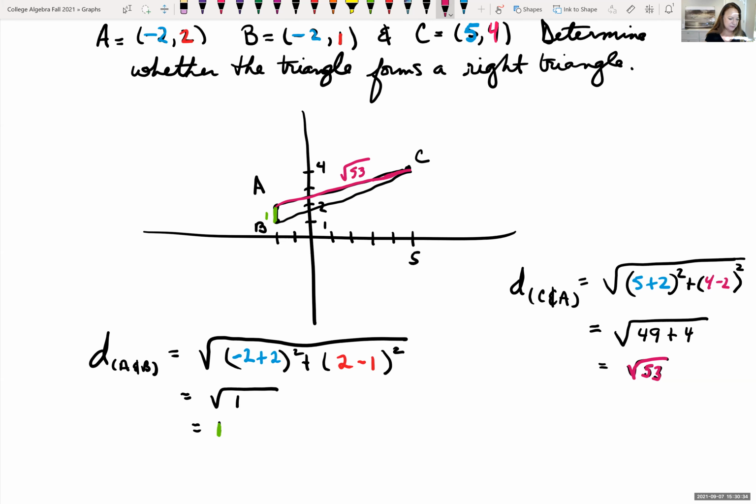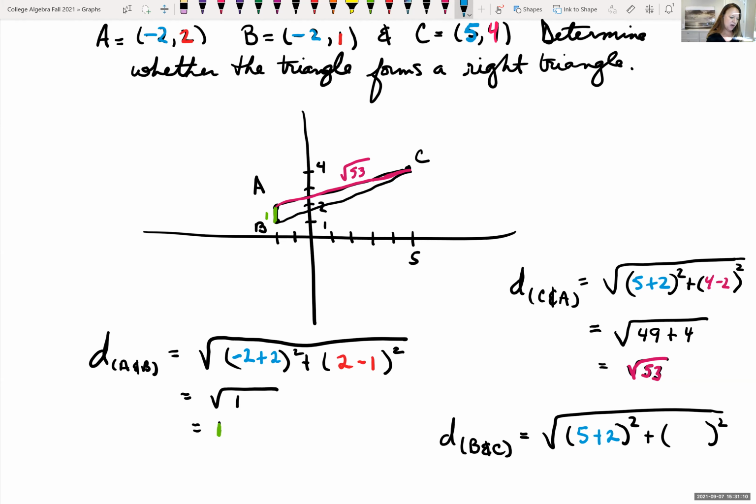Okay, and the last one, we want to find the distance between C and B, or B and C. So the change in our X value. So our X for C is 5, so 5 minus the X for my B value, so minus a -2 is plus 2.